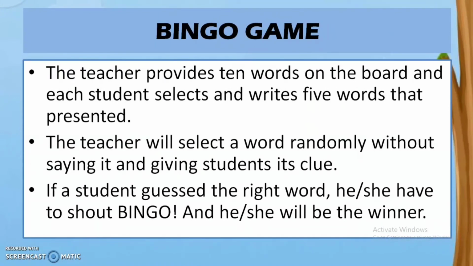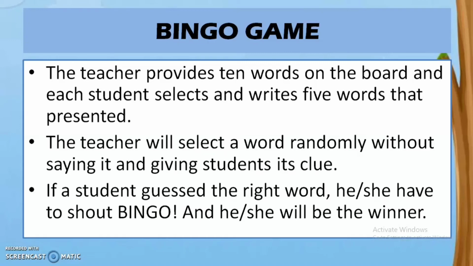The fifth game is Bingo game. The teacher provides 10 words on the board and each student selects and writes 5 words that presented. The teacher will select a word randomly without saying it and giving students its clue.